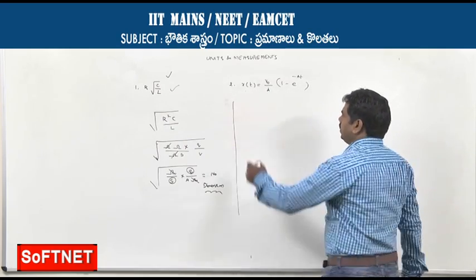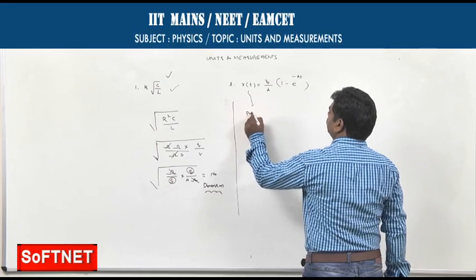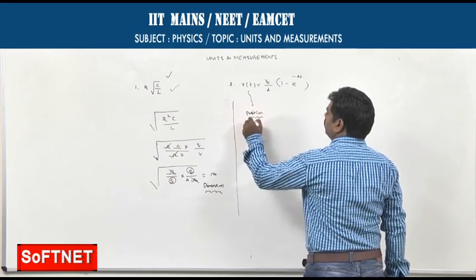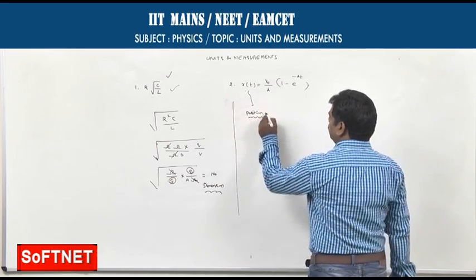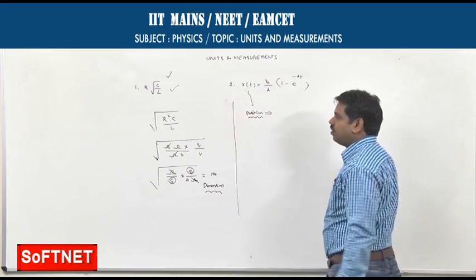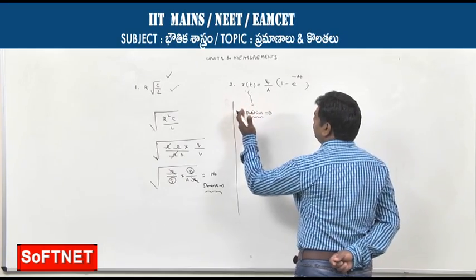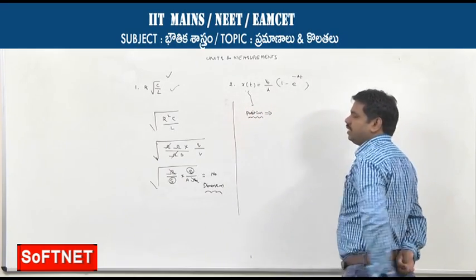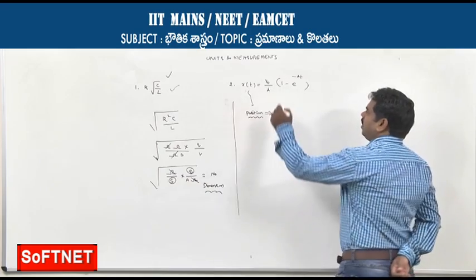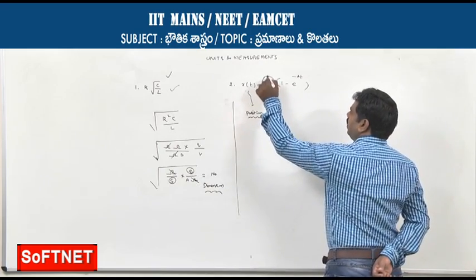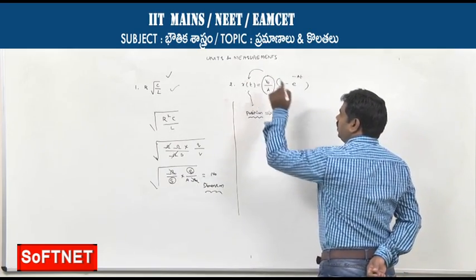Now come to this equation. Here x is represented as the position. Position means distance. So again, according to the principle of homogeneity, if distance is on the left side, the right side must also be distance. However, this V naught by A will definitely be equal to x.